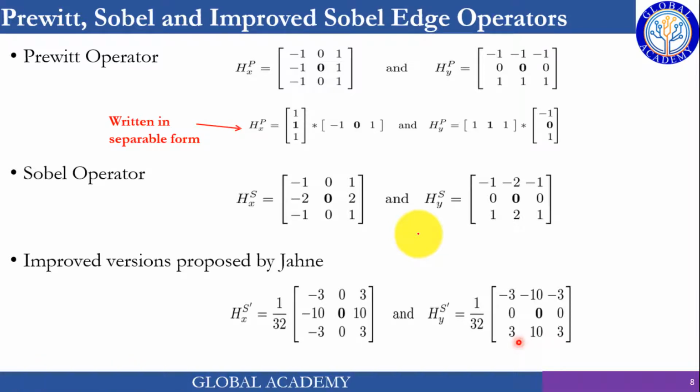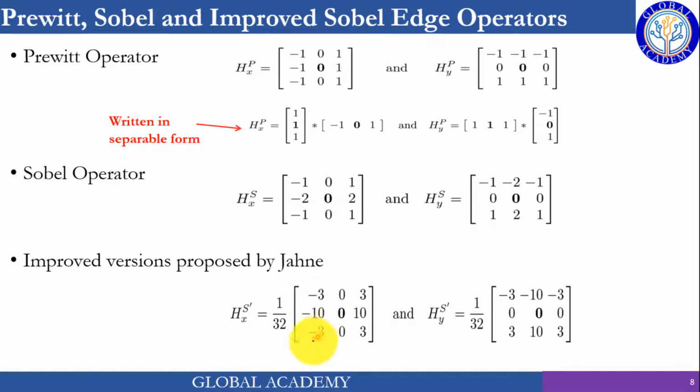So here we have a Prewitt operator, vertical and then horizontal, and similarly a Sobel operator. Two shapes of the Sobel operator, and then there is an improved version which is proposed by Jain, and it's improved in a way that it will smooth a little bit more as compared to these weights, because we have 10 in the center, then minus 3 and 3 and 3.